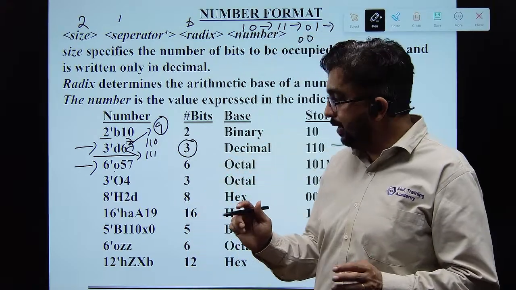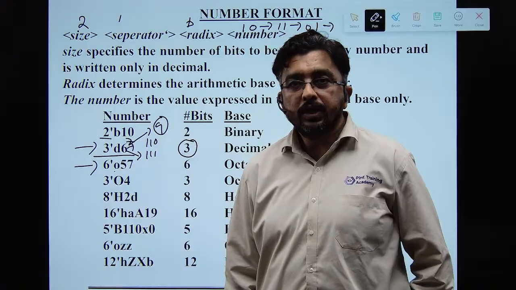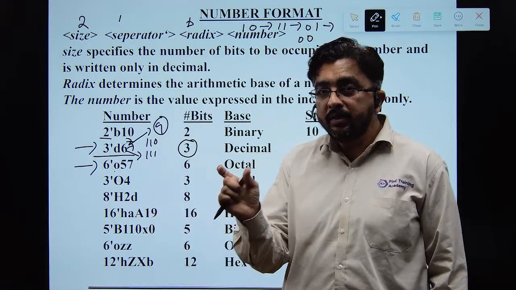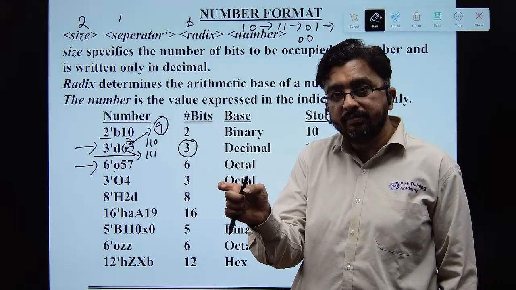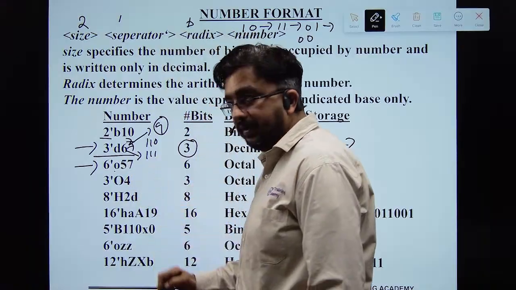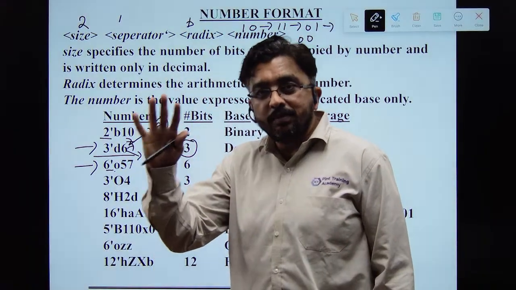So whenever we are using the letter capital O or small o, the digit values should be within 7. So for 6'o57, the size should be a maximum of 6.